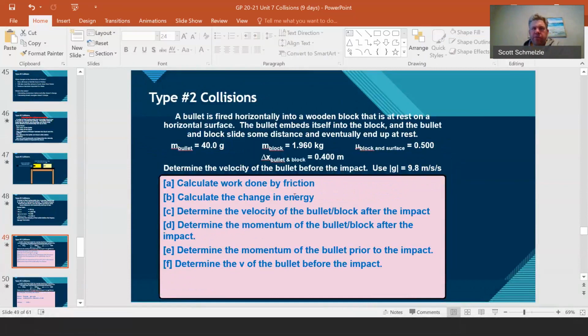We determined the velocity of the bullet by using the energy of motion, kinetic energy. We then determined the momentum of the block and bullet because we knew how fast it was traveling the instant after it impacted. Right? Then we were able to say, okay, if we know the momentum of it after the impact, where did all that momentum come from? It came from the bullet itself. And then we were able to find the velocity of it.